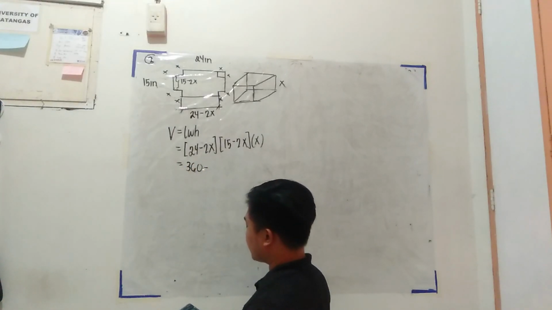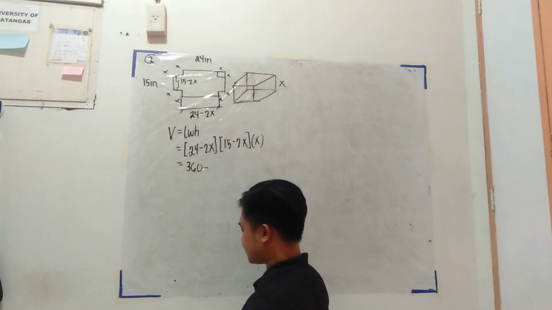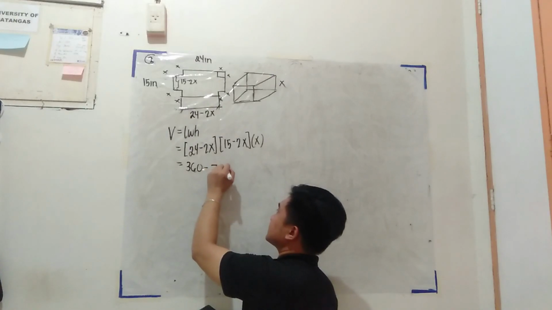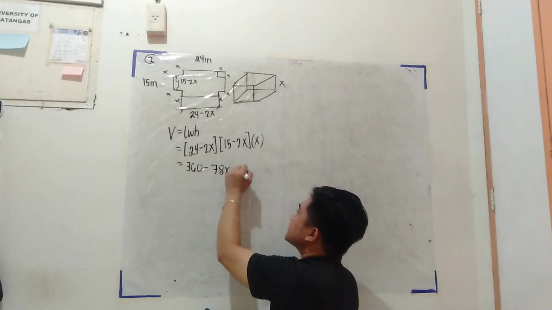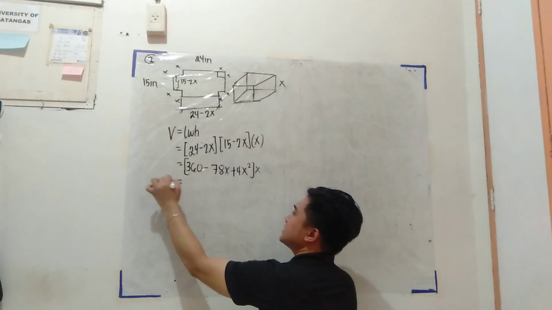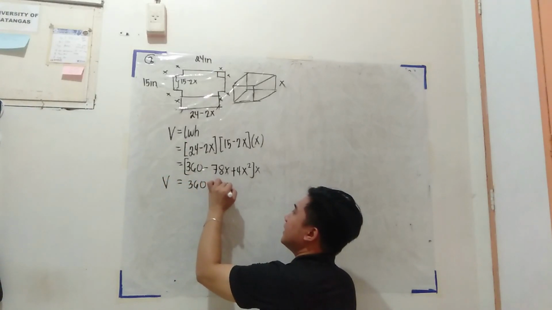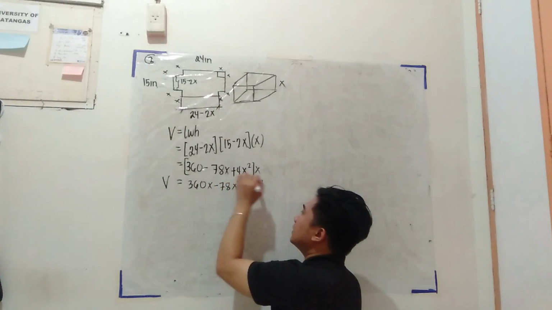Tapos, negative 48x plus negative 30x, that is negative 78x. Then, plus 4x squared times x. So, this V is equal to 360x minus 78x squared plus 4x cubed.